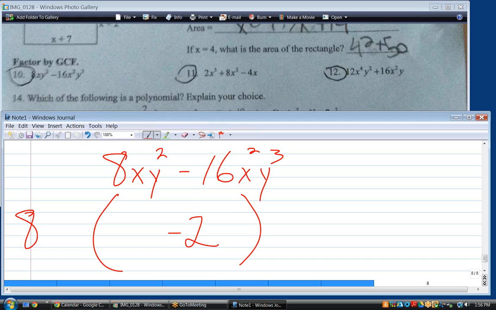Just x. X goes into this once, and it goes into this twice. So I can take out an x. What's the biggest y that divides into both? Y squared.